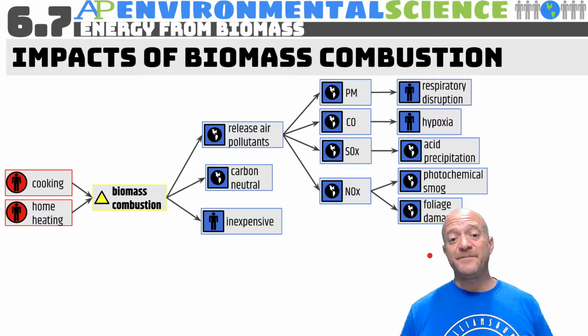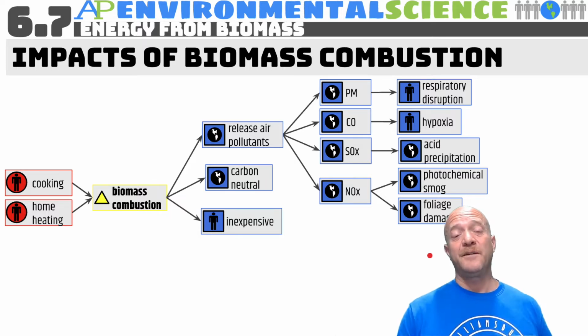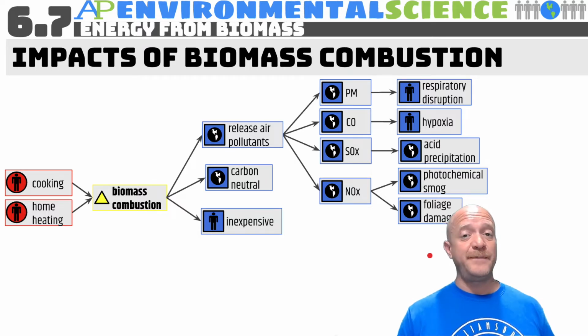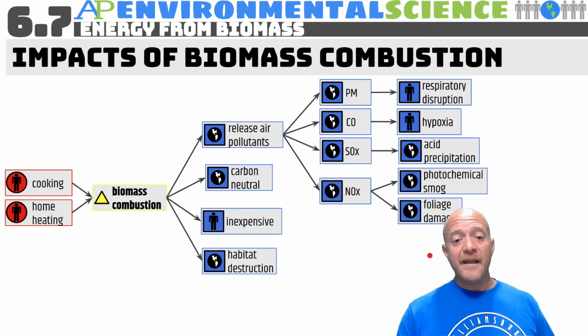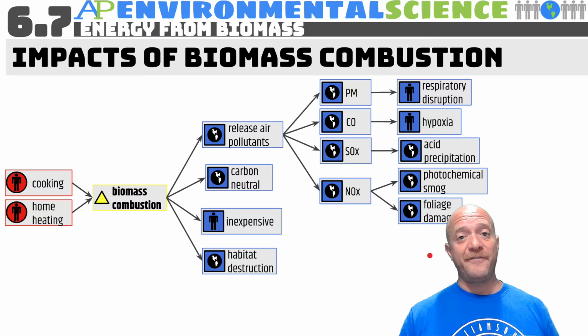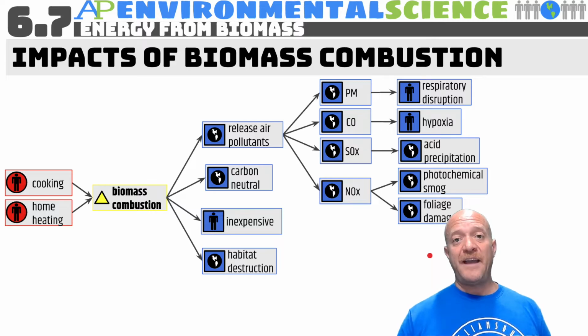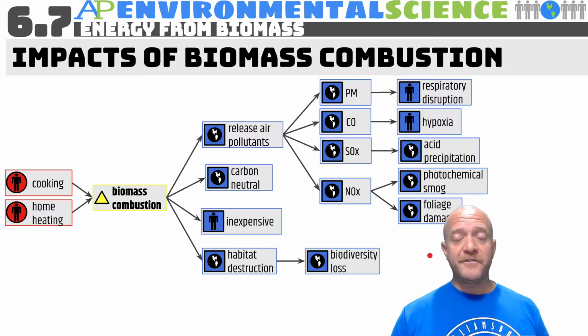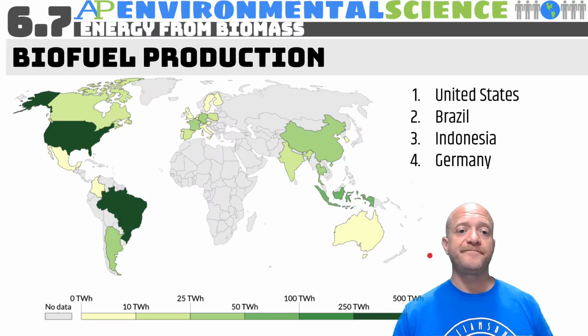But it is also inexpensive, so that is a benefit to combustion of biomass. It's inexpensive, it's easily accessible. The problem is, in order to obtain this biomass, we have to cut down trees, and we have a significant portion of habitat destruction, which of course leads to biodiversity loss.